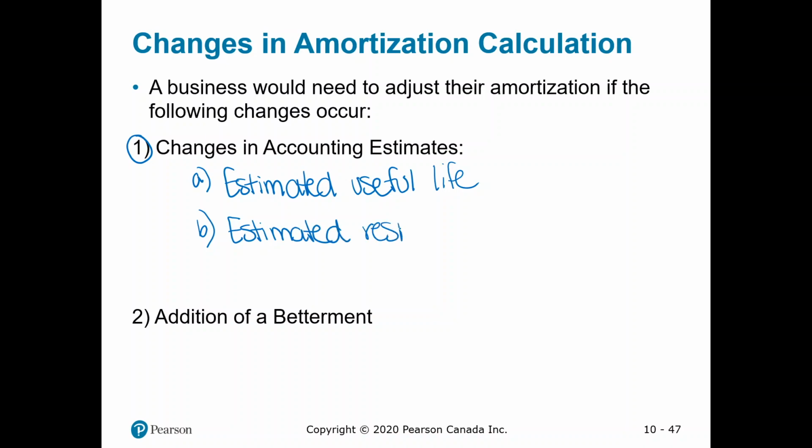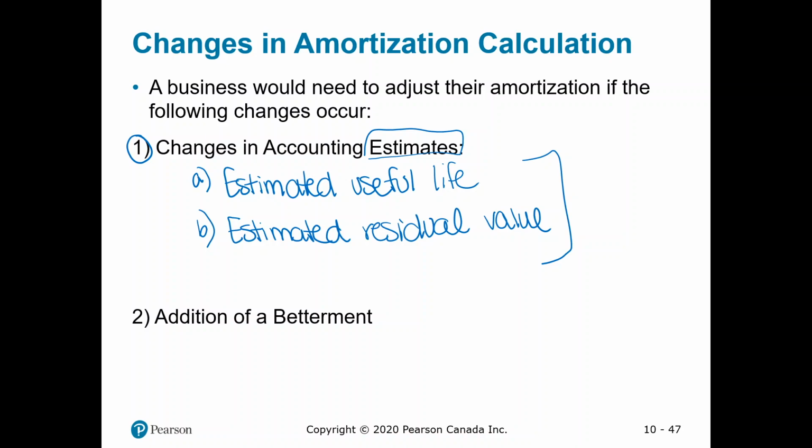So we have that estimate based on our history or experience, what we think it's going to be worth at the end of its useful life. But these are estimates. So we make that estimate at the start of the useful life based on what we know at that point.